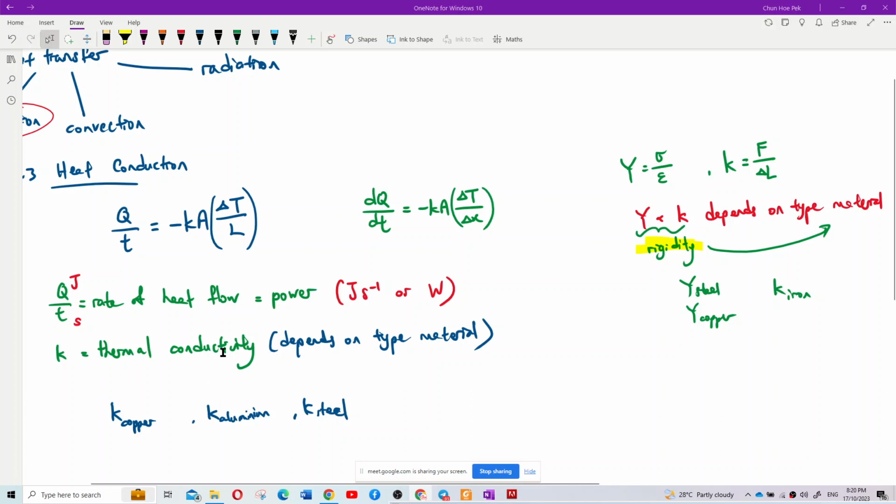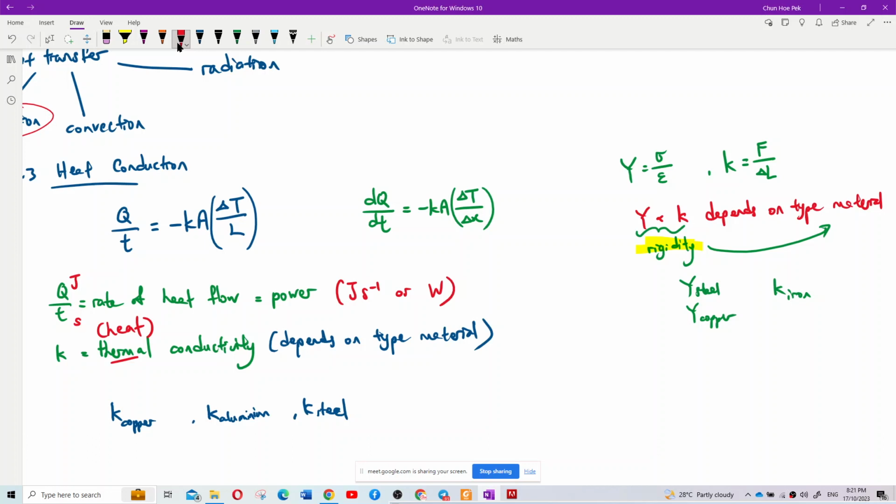As the word suggests, thermal conductivity. What does the word thermal mean? Thermostat, thermal. Thermal means heat. Temperature is a measure of how hot something is, right?